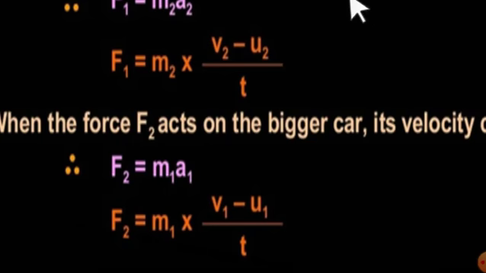So its mass is m1. Its velocity also changes. Previously, before collision, it moves with the initial velocity u1. After collision, it moves with the velocity v1. So final velocity minus initial velocity divided by time, that we call acceleration.